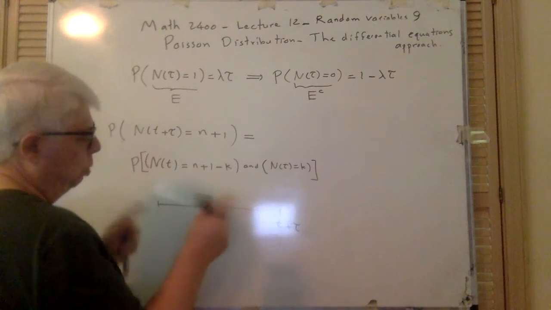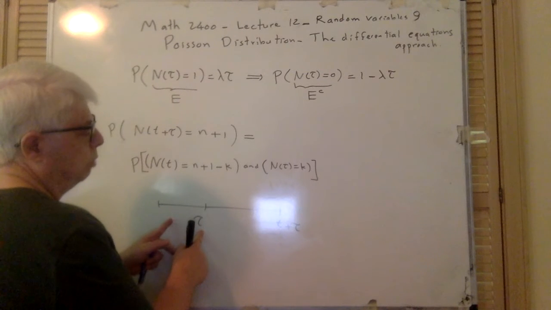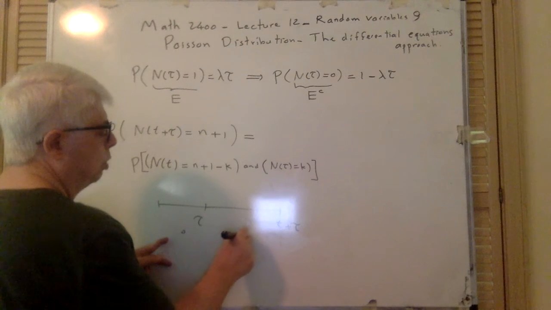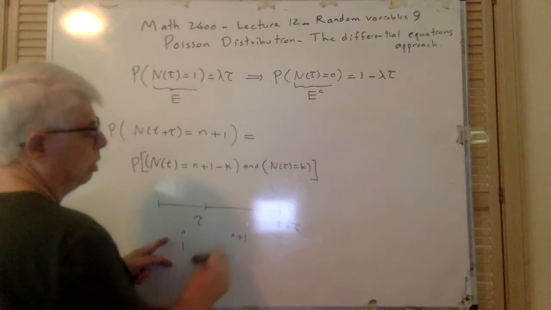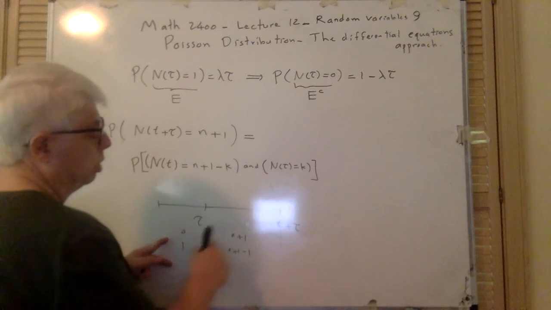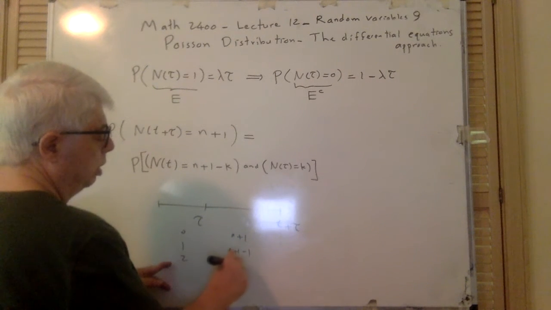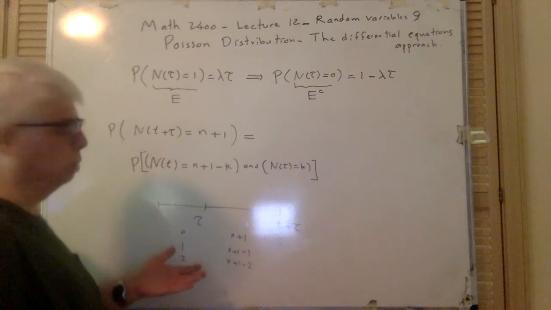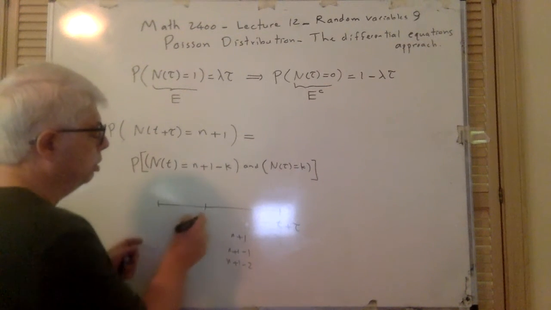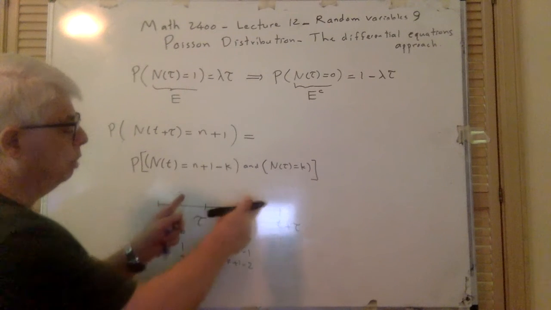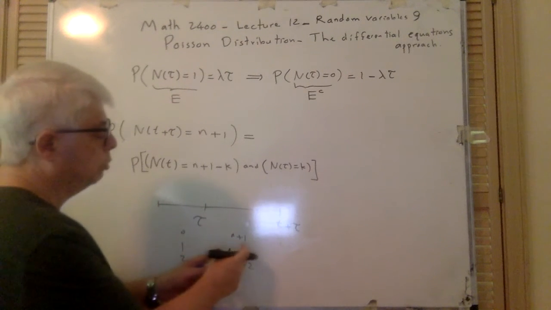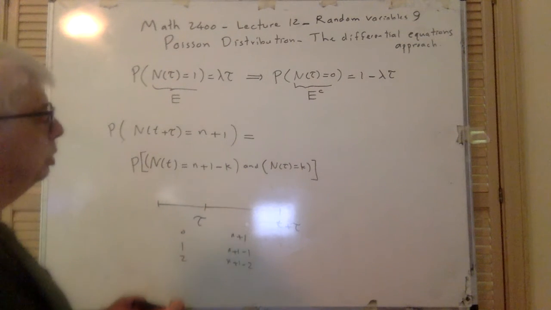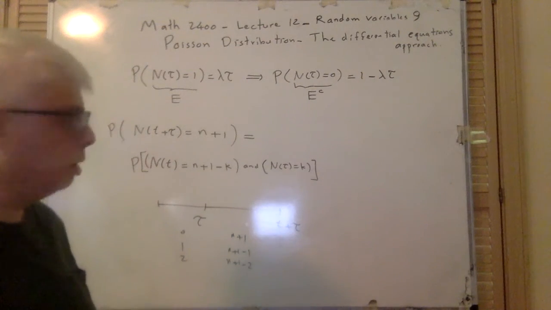I can divide it in two parts, saying that nobody arrived here and n + 1 arrived here. One person arrived here and n + 1 minus 1 arrived here. Two arrived here, n + 1 minus 2 arrived here. This is a legit assumption. Okay? So I can write it like this.